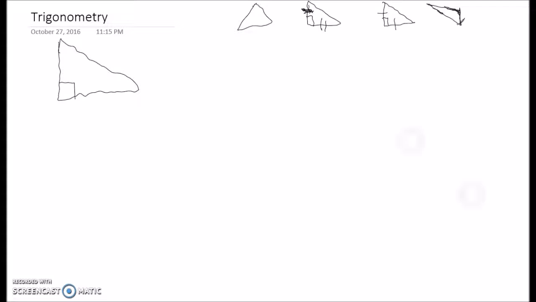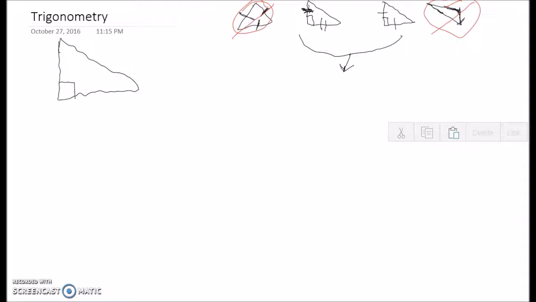So in physics, we only need to look at these two cases. This case here, don't worry about it. This case here, don't worry about it. Or if you see those cases, try to see if you can break them down into one of the two right angle triangles. Okay? Anyways, let's start looking at this right angle triangle here.